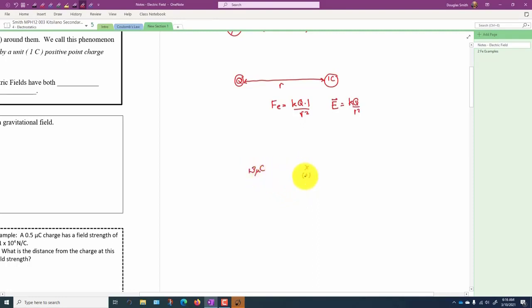So if this is positive, this would want to be repelled. So the direction of the electric field in this case would be to the right. If we put a positive charge here, we want to move there, so the electric field direction is that way. If we put a positive charge there, it will want to repel in this direction. That's the direction of the electric field.